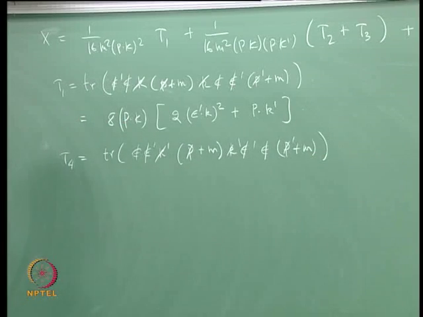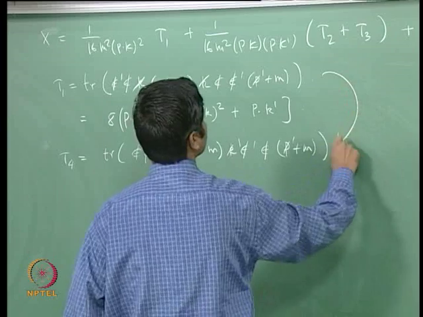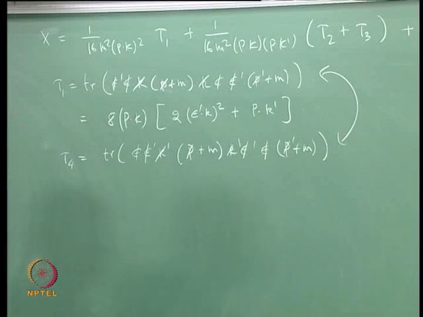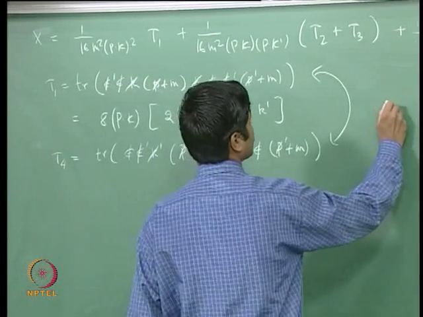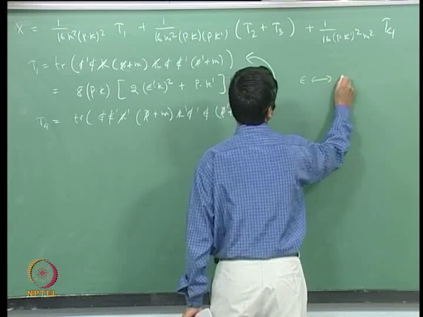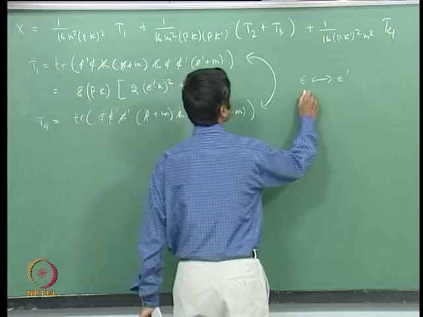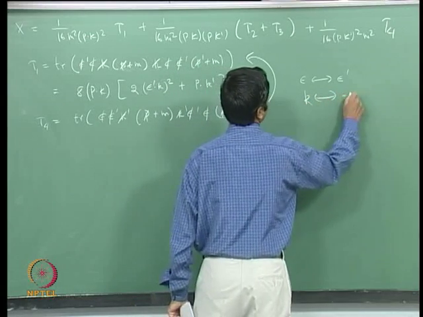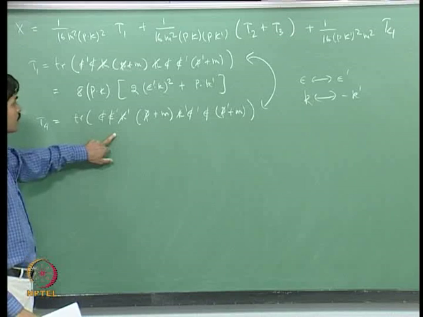Now, you can notice one interesting fact. T1 and T4 are related to each other by this. If you exchange ε to ε' and if you exchange k to minus k', then this term and this term are the same.